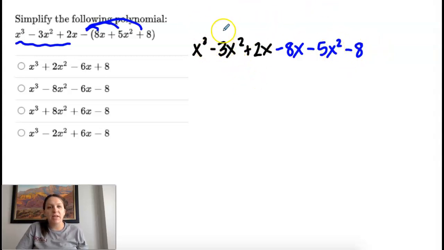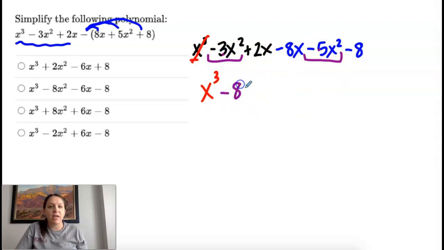Now I want to combine like terms. So I have one term with degree of 3, so that's just going to stay. And now I'm going to look for degree of 2, all my x squareds. So negative 3x squared, subtract 5x squared. And I'm going to combine the coefficients.